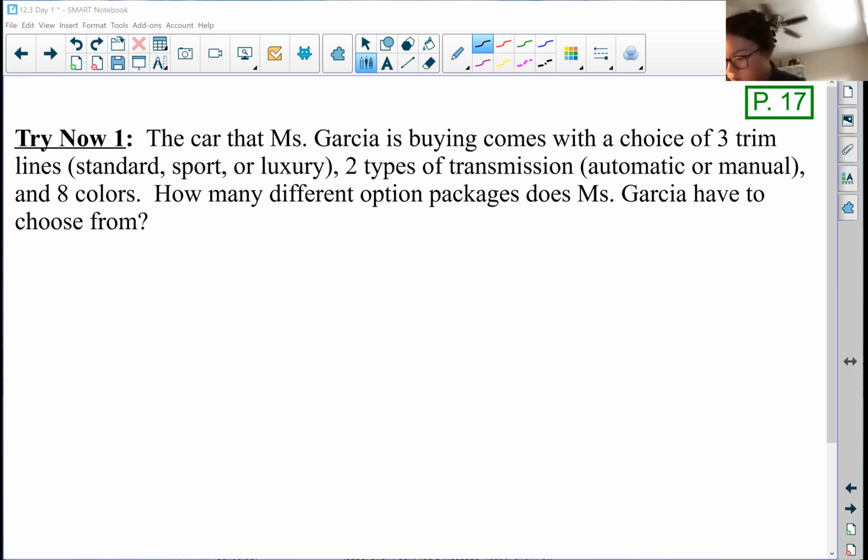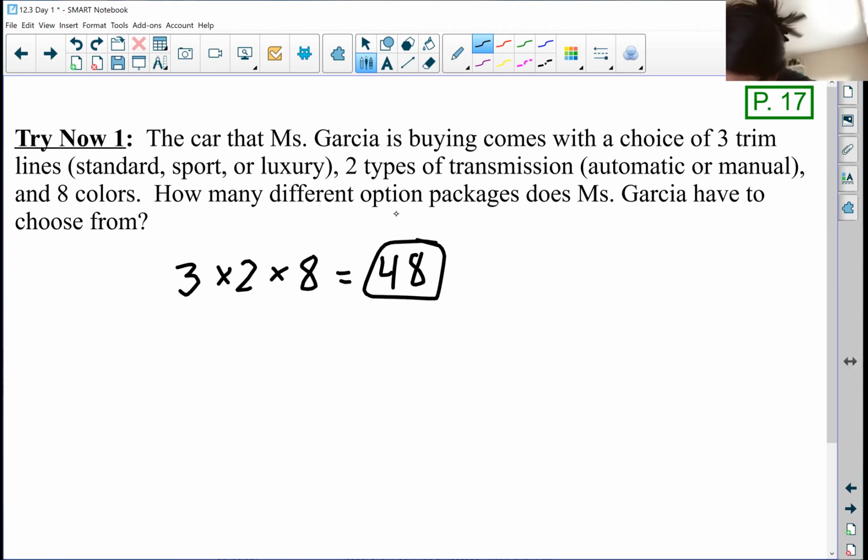So if we use the fundamental counting principle, 3 choices for trim, 2 choices for transmission, 8 choices for color. 3 times 2 would be 6, and 6 times 8 gives us 48 different option packages.